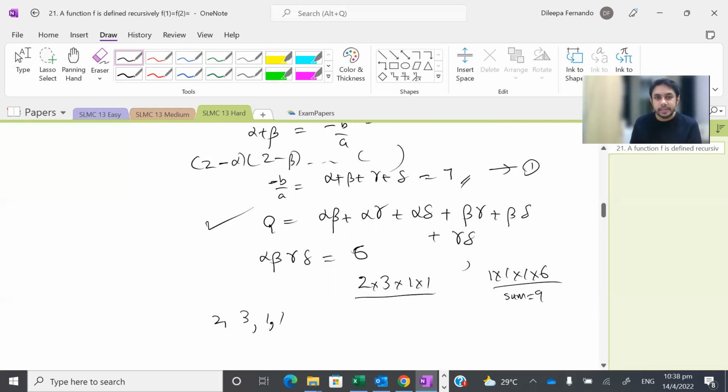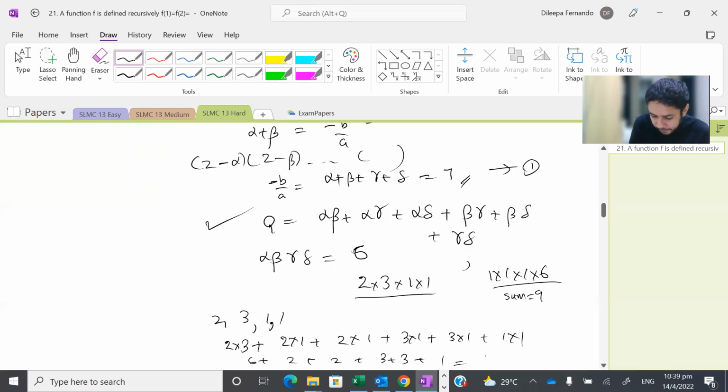So since we know the combination, you have to evaluate Q. Evaluating Q is just taking any two values. So you take 2 into 3 plus 2 into 1 plus 2 into 1 plus, again start from 3 into 1 plus 3 into 1 plus 1 into 1. Just sum them up. 6 plus 2 plus 2 plus 3 plus 3 plus 1. 10, 16, 17.